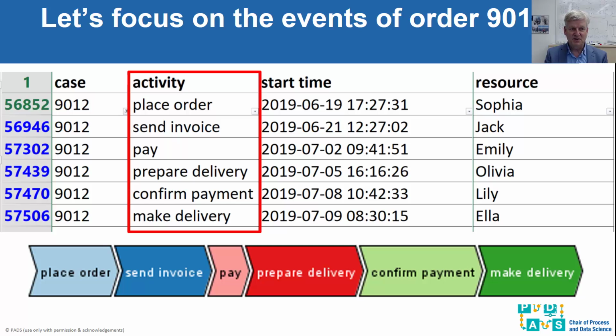Then if we focus on a single case and we look at the sequence of activities executed for that case, and we can sort them based on the timestamp that we have, then we can follow these sequences that you see here at the bottom. And so this is what we often call a trace, which corresponds to the execution of a case, and it is describing in which order the activities have been executed from the beginning of a case until the end.